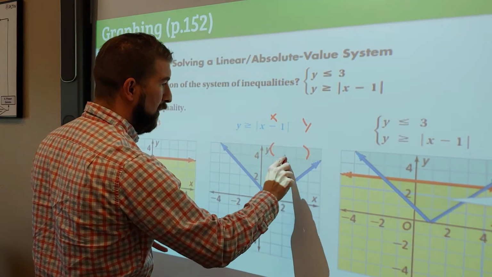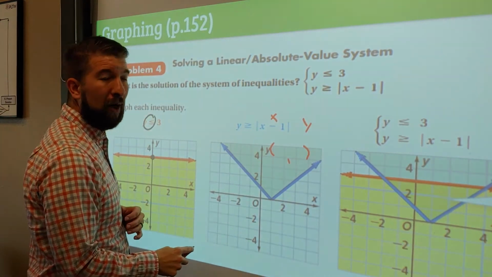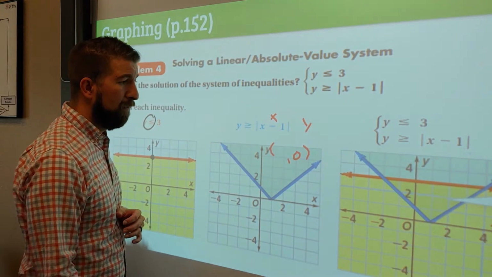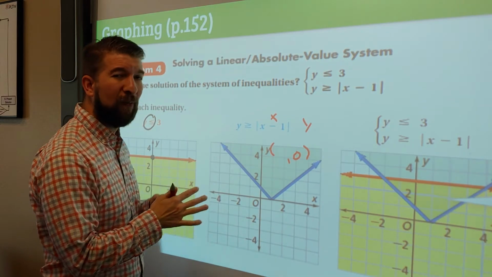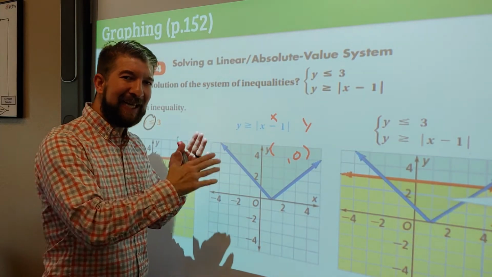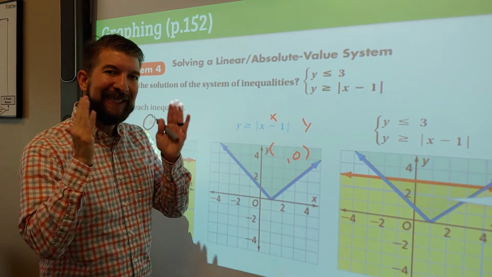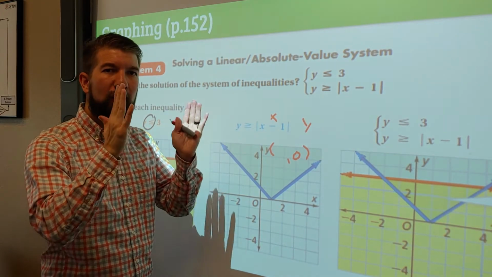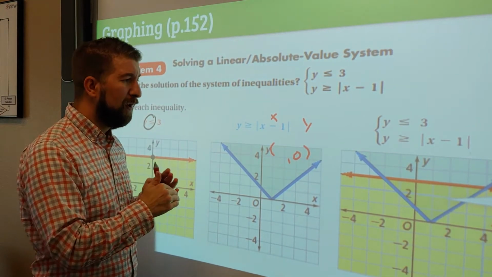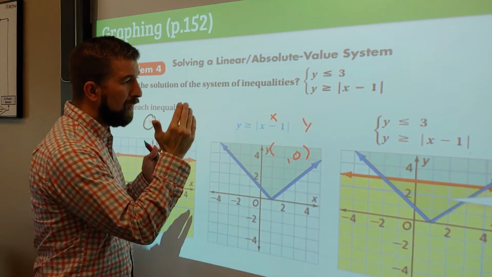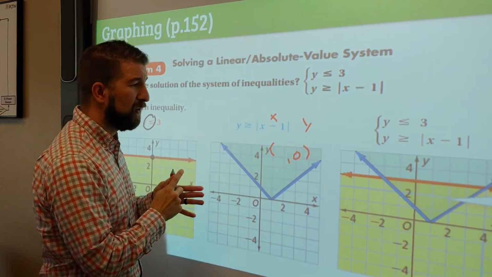So there's nothing on the y, so that's a 0. Inside the absolute value bracket, I have a negative 1. If you see an x, a symbol, and a number inside parentheses or brackets or a square root box and it's telling you to solve or graph, you can just drop the number, switch the sign.